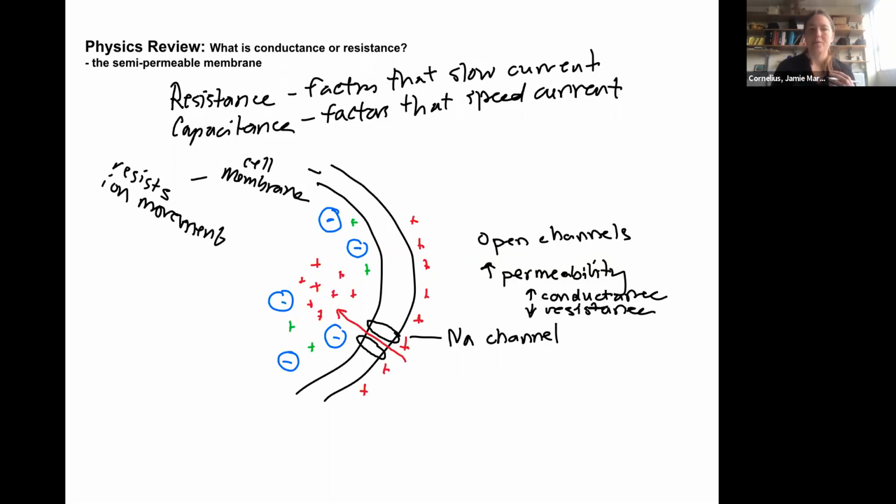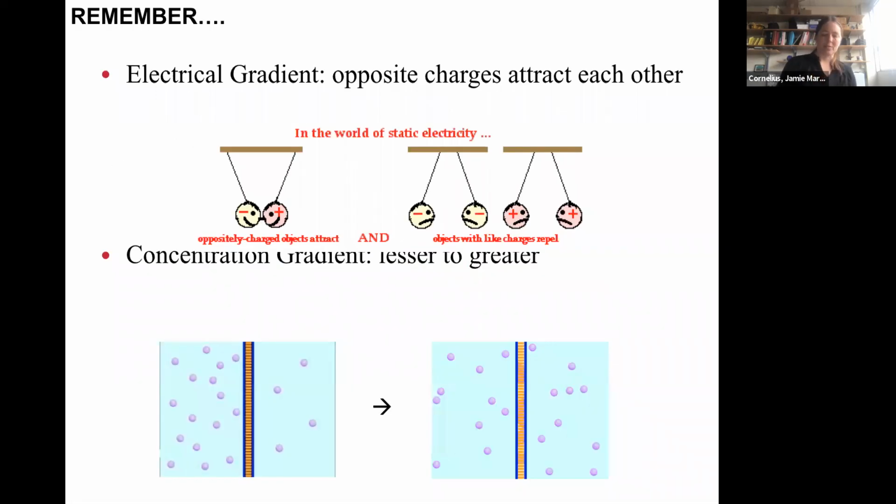Okay, so ion channels are required for significant permeability. And the more channels you open, the more permeability you have to that ion species. Okay, so electrical gradient, you have like charges repelling and opposite charges attracting to each other.